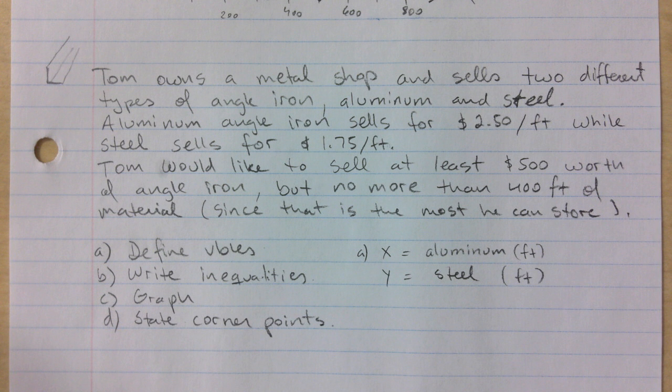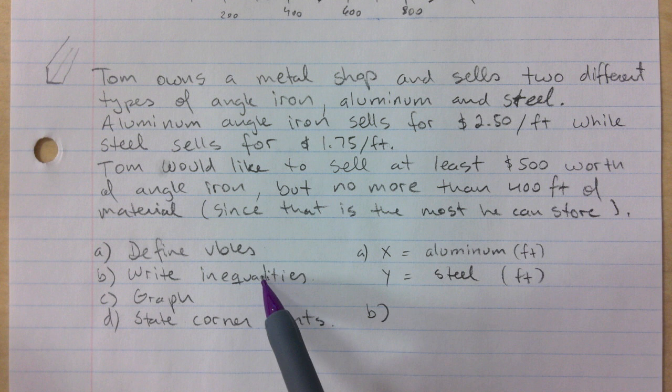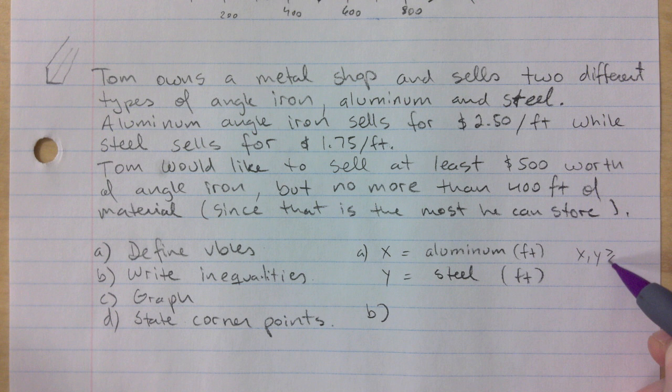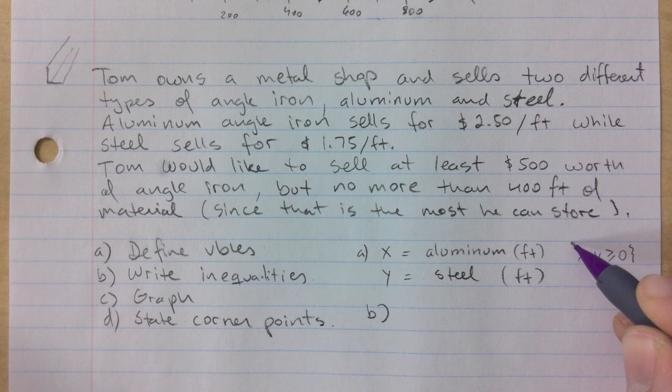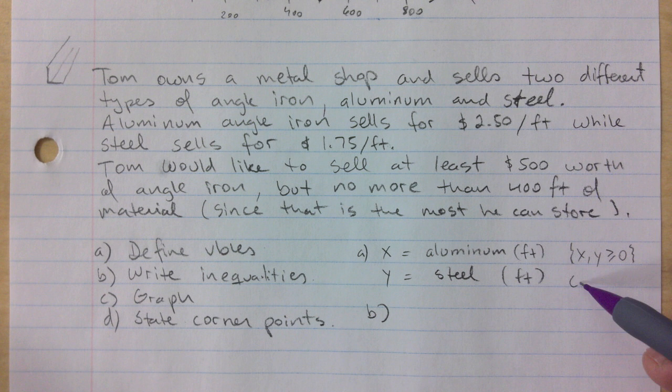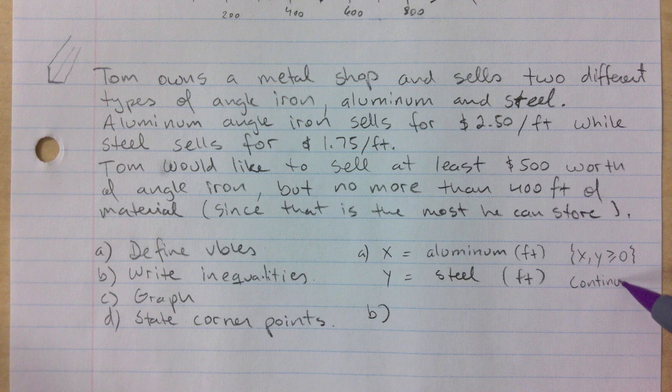It's a measurement. So part B: write the inequalities. Before we do that, let's say this because somewhere it needs to appear. First of all, we can only have positive x and y values. You can't have negative feet of anything. And in this case, it's continuous, because it's measured in feet.